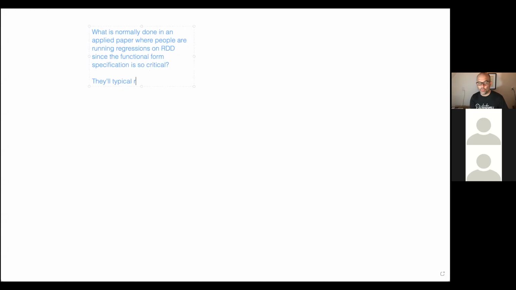They'll typically show the data and allow the reader to decide whether your fitted values shown on the data reflect a jump or noise.